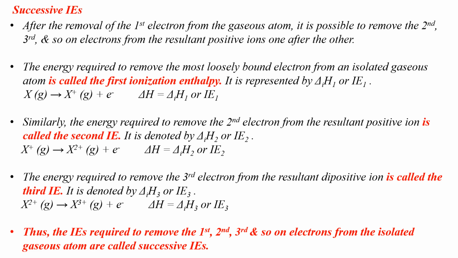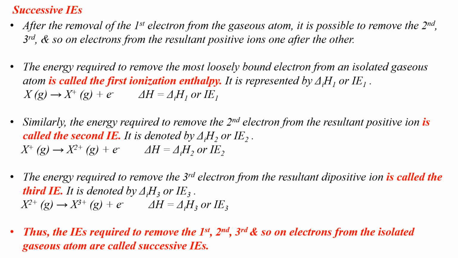X plus gas loses an electron and forms X2 plus gas. Here the enthalpy change associated with this process is equal to delta IH2 or IE2. Now the energy required to remove the third electron from the resultant dipositive ion is called its third ionization enthalpy. This is denoted by delta IH3 or IE3.